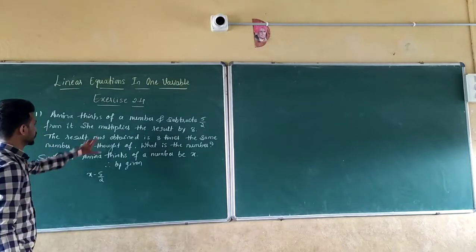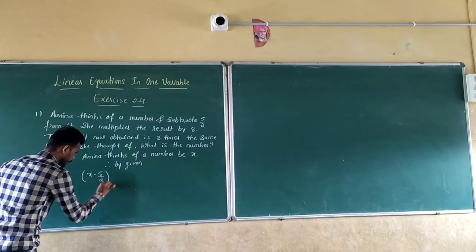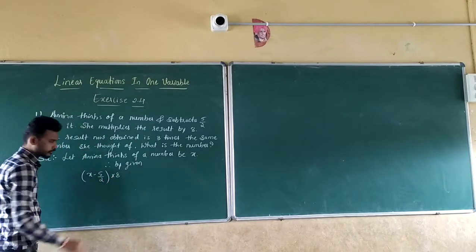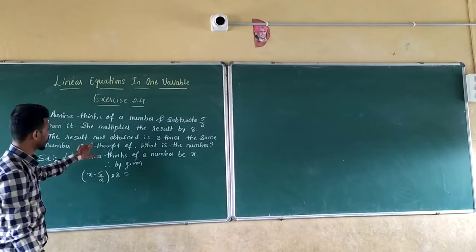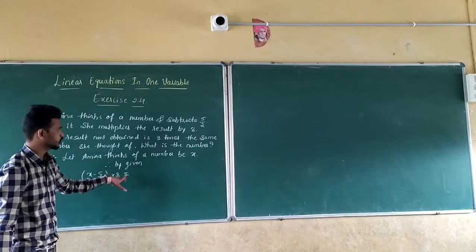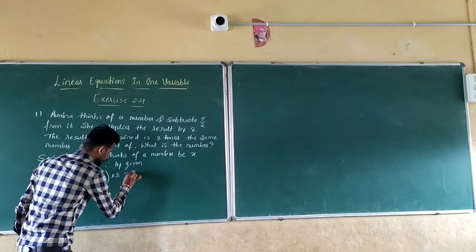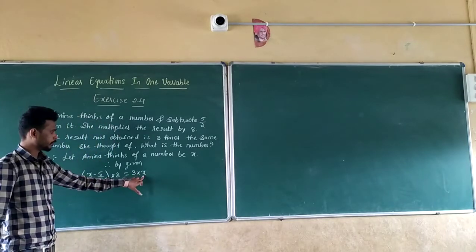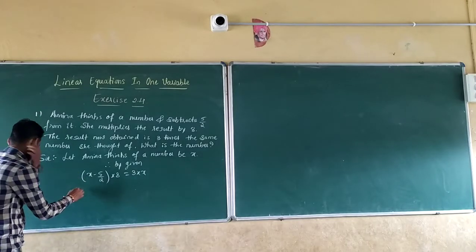And she multiplies the result by 8. Means she multiplies this result by 8, which is equal to the result now obtained, which is 3 times the same number she thought of. Means 3 into the number she thought of, x. 3 into x. So now solve this one.